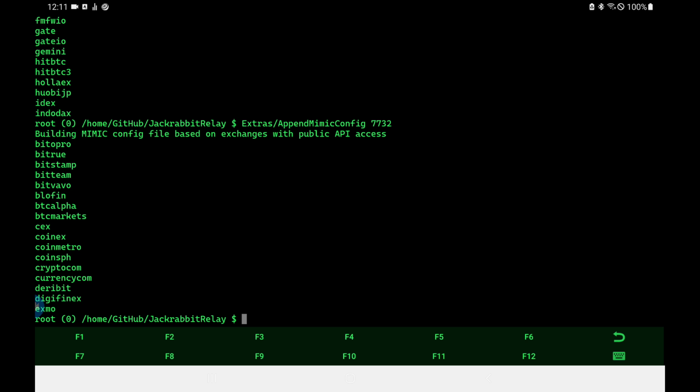Now that we have all of the cryptocurrency exchanges with a public API, fully cataloged with CFG files, and we have all of those files listed in the Mimic CFG file, let's actually take a look at what's been done.